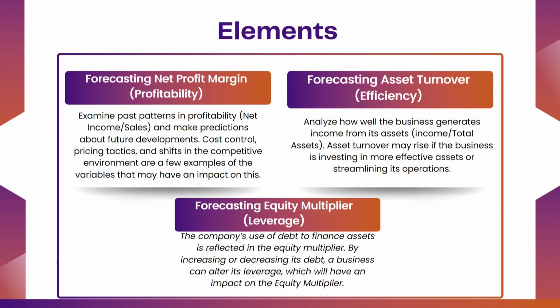Then coming to the third one, that is forecasting the equity multiplier, when the company uses a combination of debt and equity capital to finance the business. Obviously, we always expect that the assets are more or less created by using debt capital, for the simple reason that debt capital is cheaper compared to equity capital.